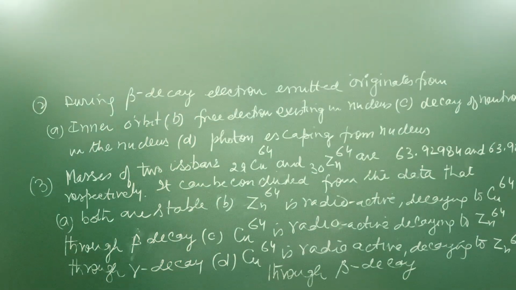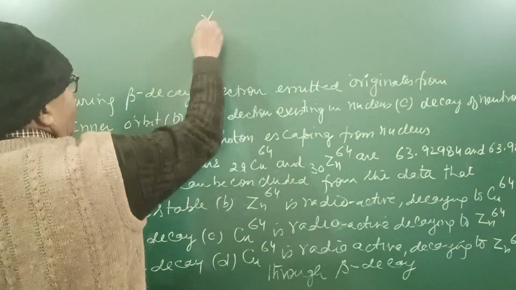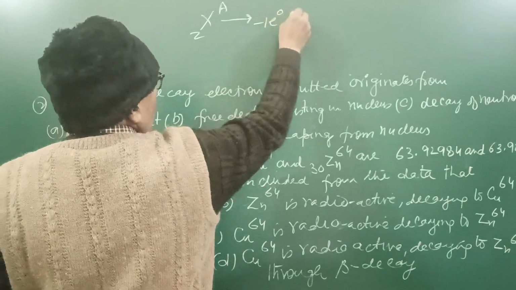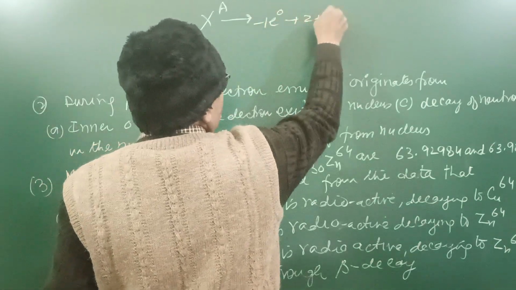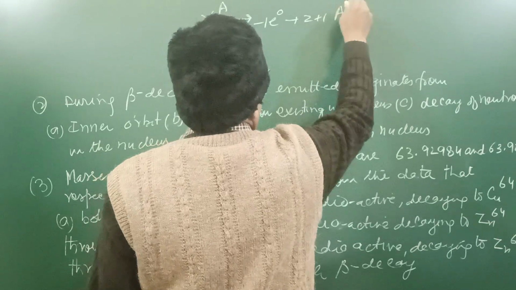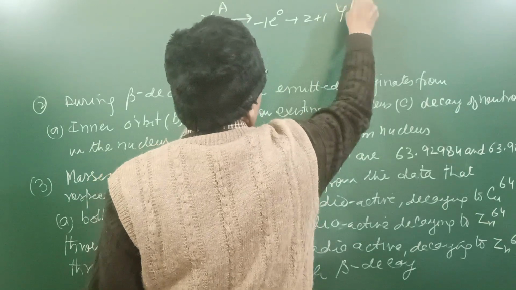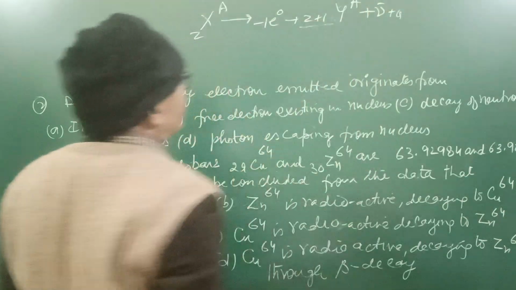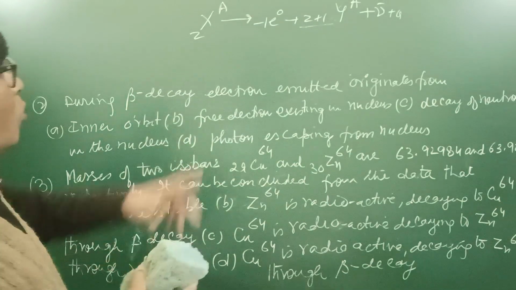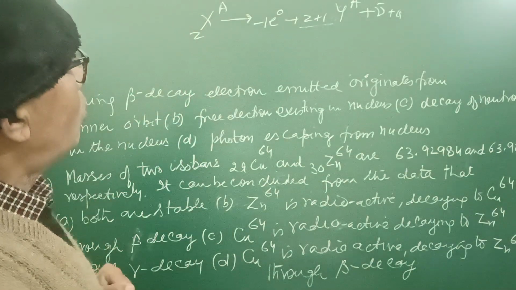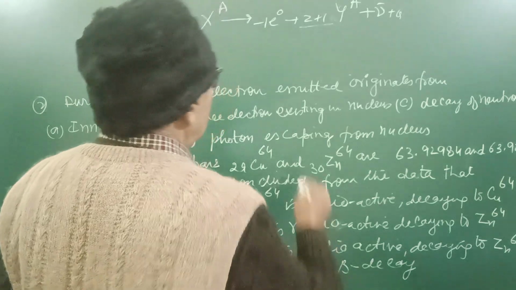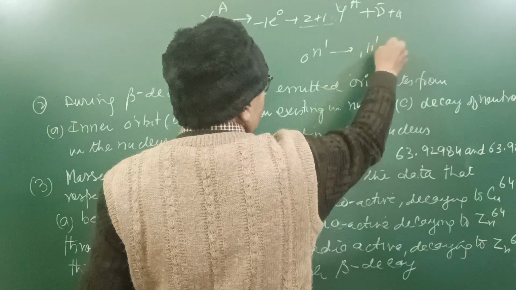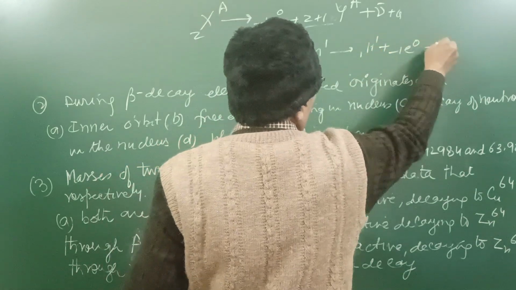I have told you about beta decay. ZXA, if it is beta decay, then that is -1e0 plus Z+1 YA plus antineutrino. So where will Z+1 come from? If a neutron decays into a proton, then 0n1 equals 1H1 plus -1e0 plus antineutrino.